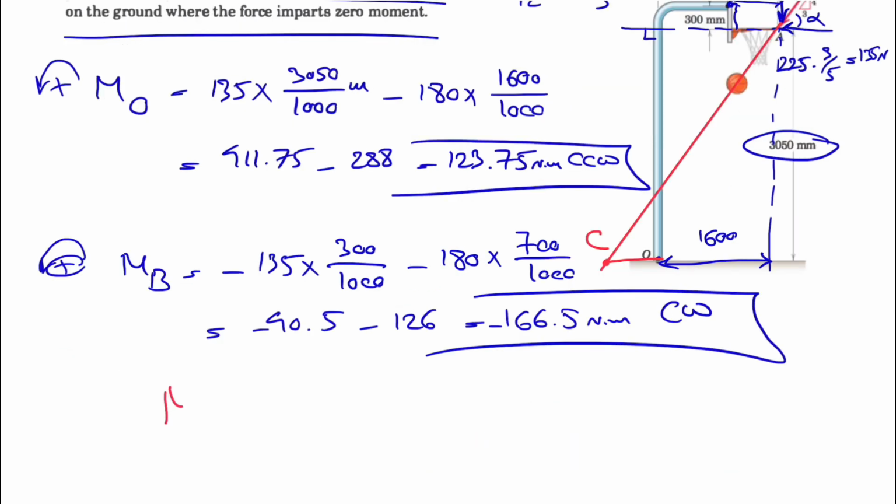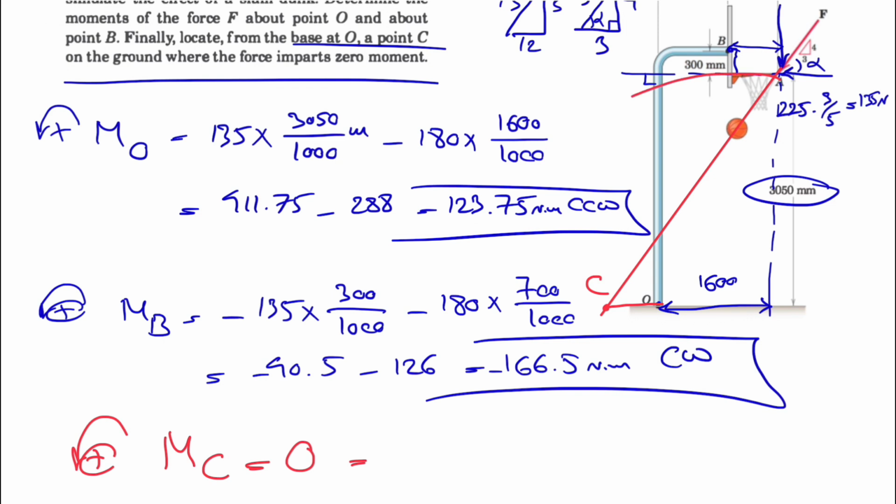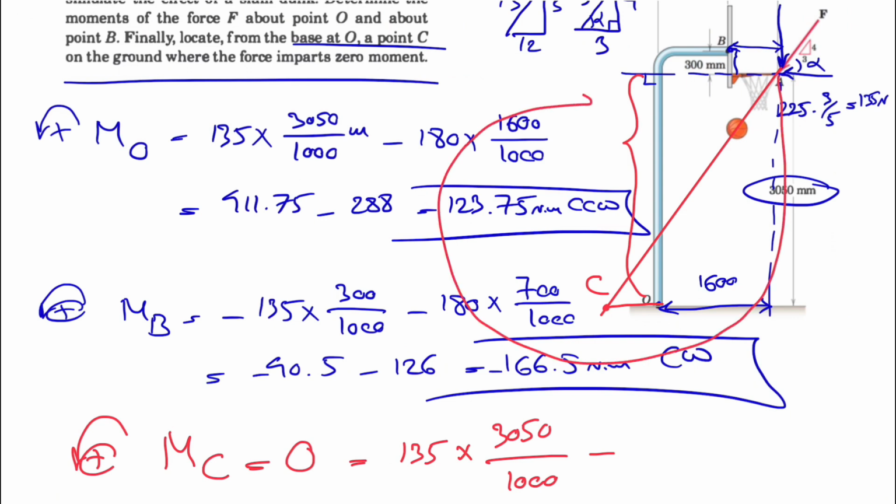For this part, the moment about point C has to be 0. The moment of Fx is in this direction, which is counterclockwise, so positive 135 times the distance, which is 3050 divided by 1000, minus the moment of Fy, which is clockwise, so negative 180 times the distance from here to here.